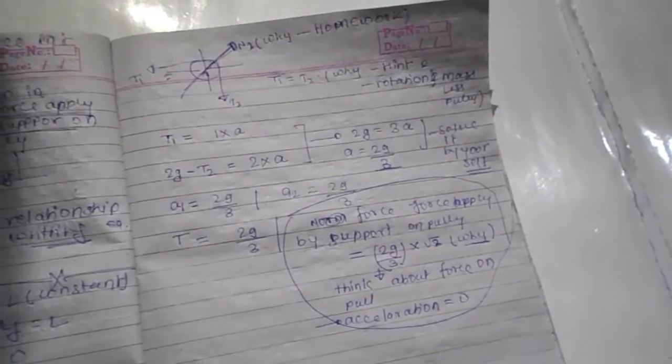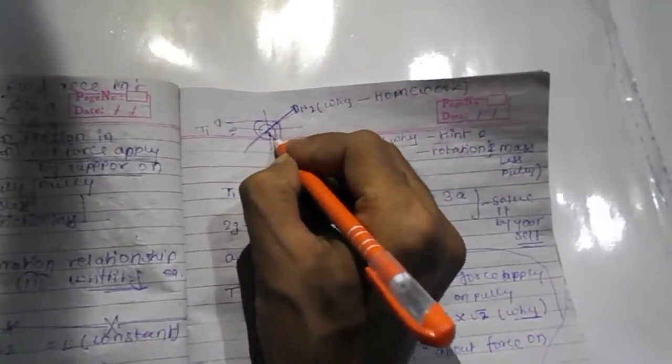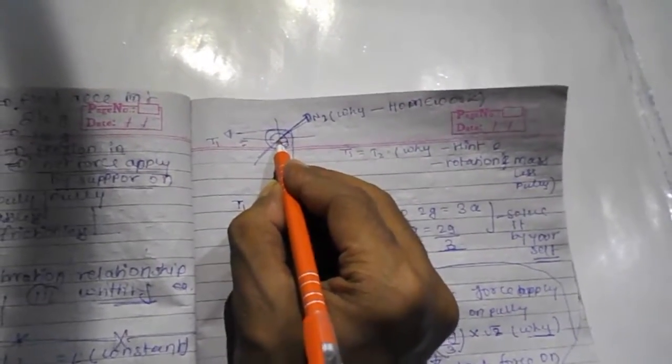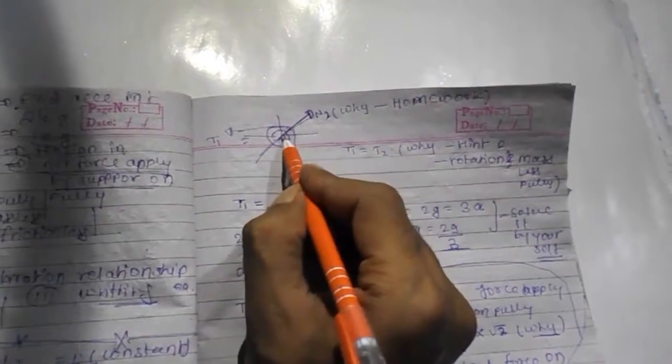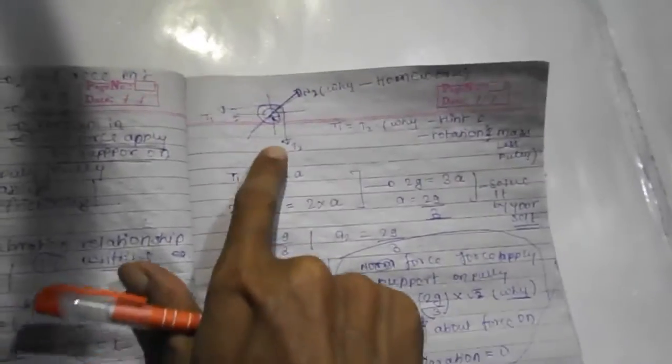Okay, but this pulley is rotating, you know. Here you will learn more about this: what it means when I say this pulley is rotating but its acceleration is 0. What does it mean? You may be confused.